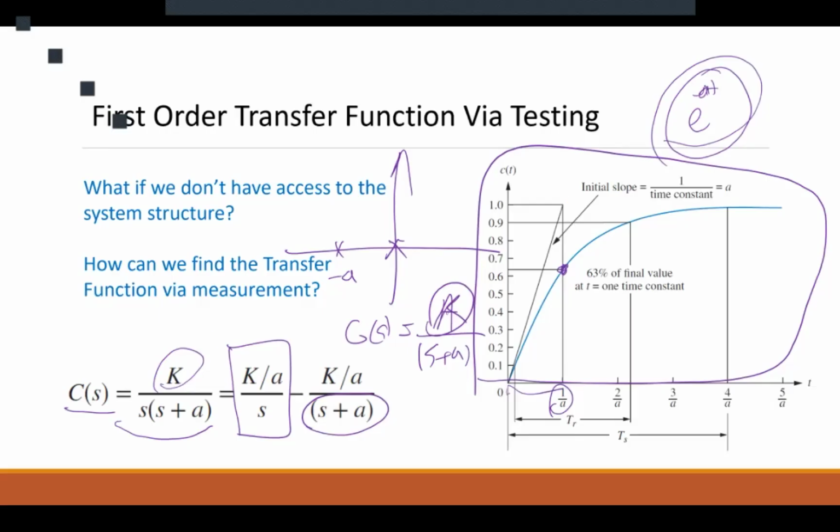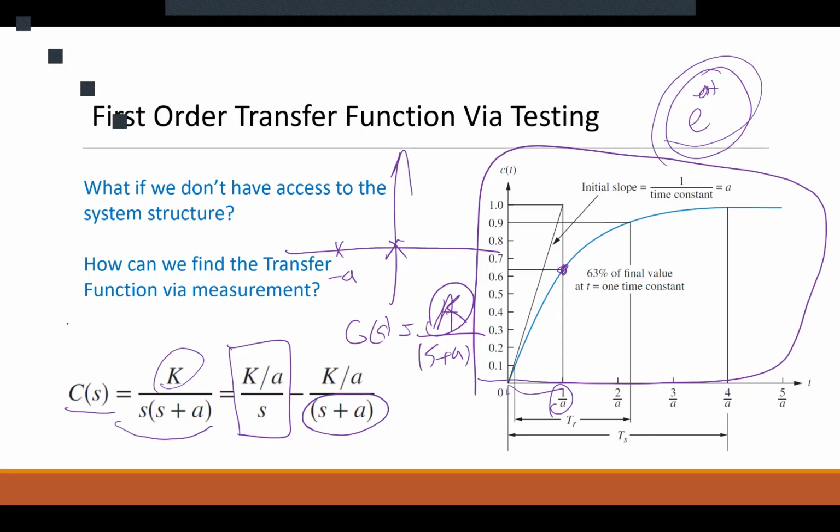Okay? If we separate them and find the numerators for the separated terms, we are going to have K over A over S minus K over A over S plus A. We already know how to find them. Is that okay?